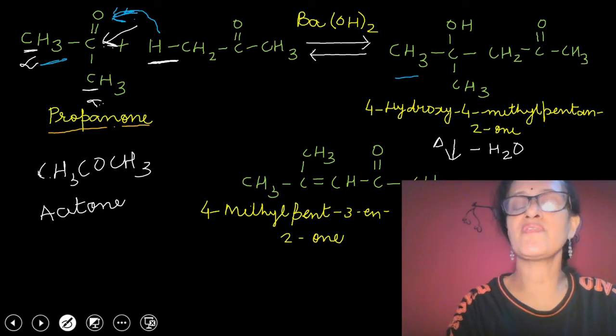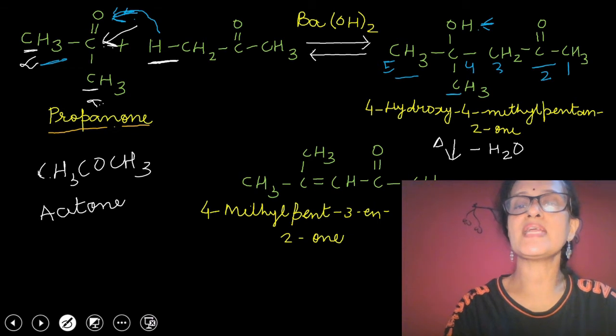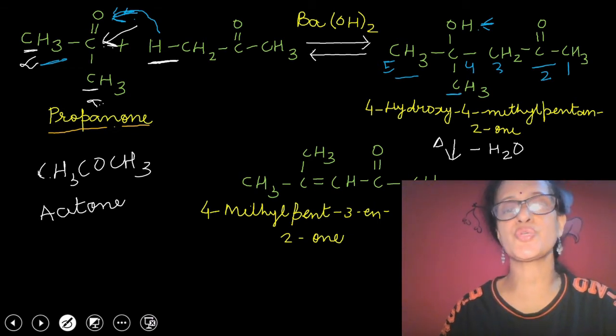Then CH3 will be written as it is. Then we have CH2, C double bond O, CH3. So the name of the compound will be 4-hydroxy 4-methyl pentan-2-one because the second carbon atom has a ketonic group.